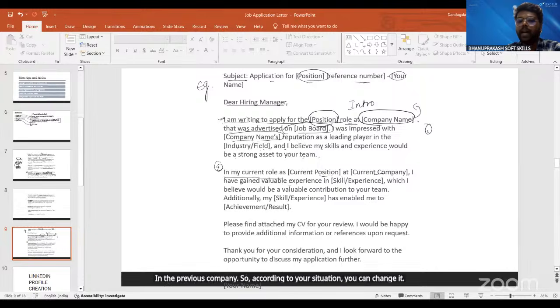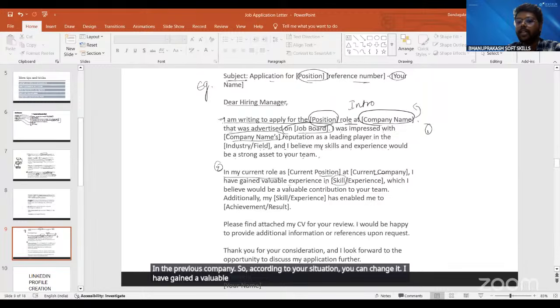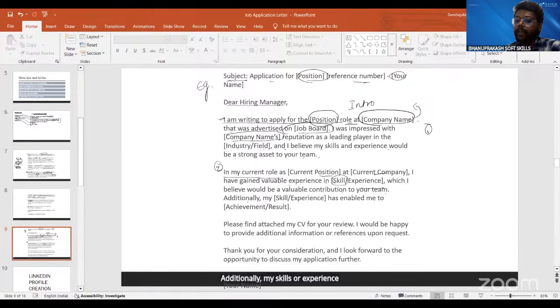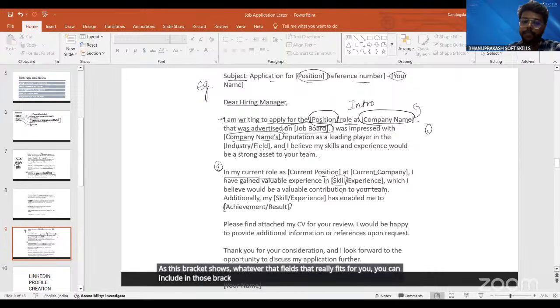I have gained valuable experience in skill or experience, which I believe would be a valuable contribution to your team. Additionally, my skills or experience has enabled me to achieve these results. As this bracket shows, whatever really fits for you, you can include in those brackets.